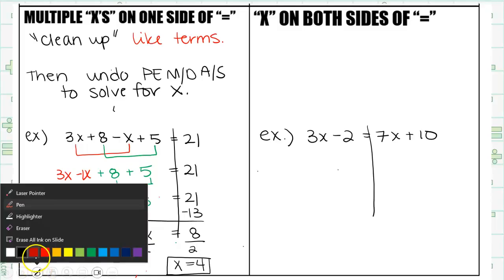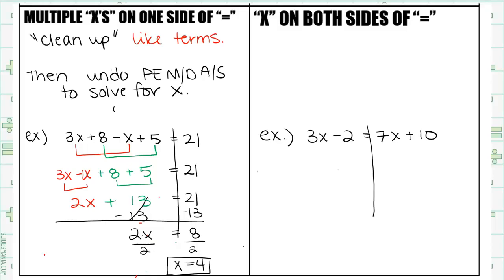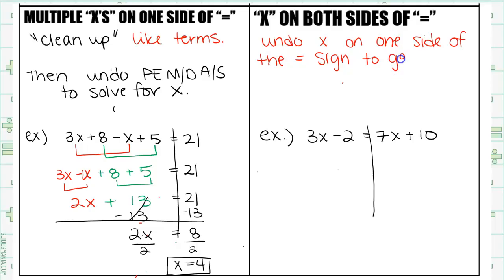There are several different methods you can use for this, but typically what we do first is we undo x on one side of the equal sign to get both x's on one side.